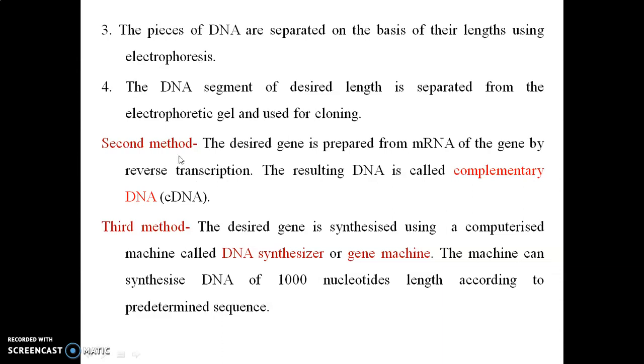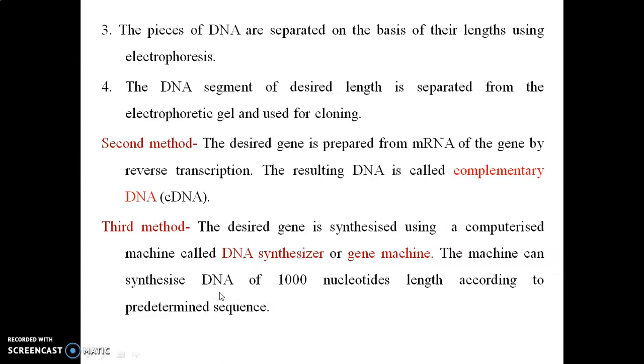Second method, the desired gene is prepared from the messenger RNA of the gene by reverse transcription. The resulting DNA is called complementary DNA. Third method, the desired gene is synthesized using a computerized machine known as a DNA synthesizer or gene machine.